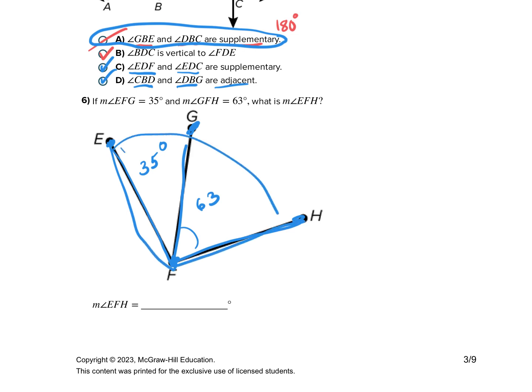Okay, so we're looking for the total, the larger angle. So the two smaller angles, just like line segments, will give us the measure of the larger angle. So all I have to do here is add 35 plus 63. So 5 and 3 is 8. 3 and 6 is 9. So together, when I add them, the larger angle is equal to 98 degrees.